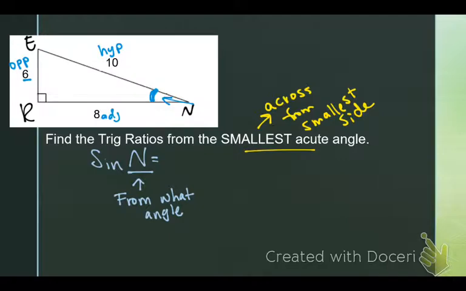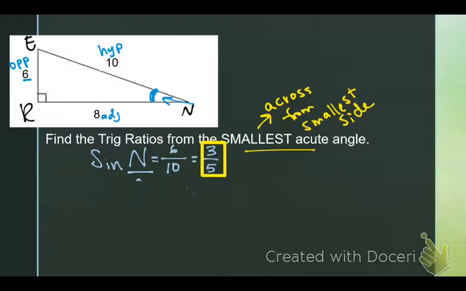So what is the length of the opposite? 6 over the hypotenuse, which is 10. Do we reduce in math? We do. So what is 6 over 10 reduced to? 3/5. That's all we're doing. That's it.